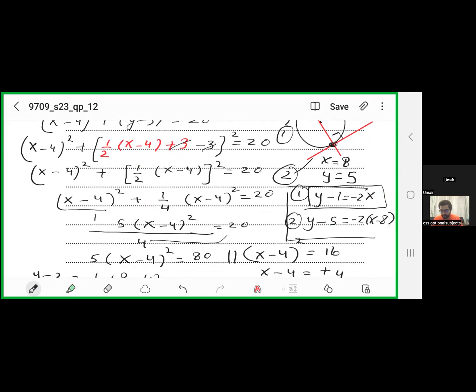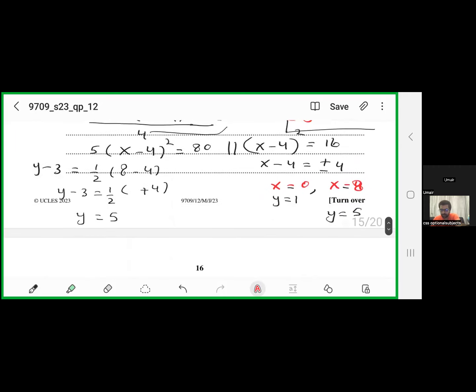These are the two equations that were required for these two tangents. I hope this is clear. So you can write these two equations. That will be your answer: y − 1 = −2x and y − 5 = −2(x − 8).